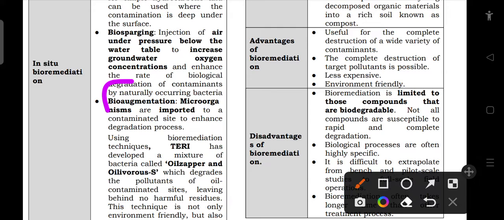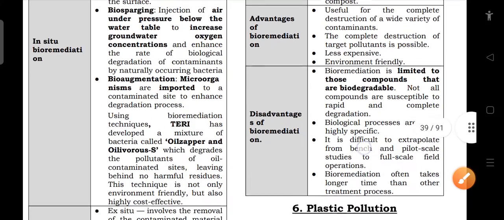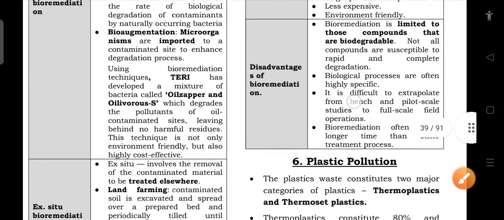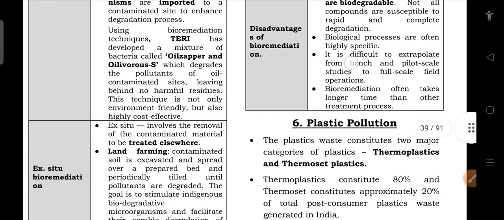So using this particular technique, Terry has developed a mixture of bacteria called Oil Zapper and Olivorus S. These two are the bacteria to reduce the oil spill effect. This will degrade the pollutants of oil spill. And it is also environmental friendly and highly cost effective technique.